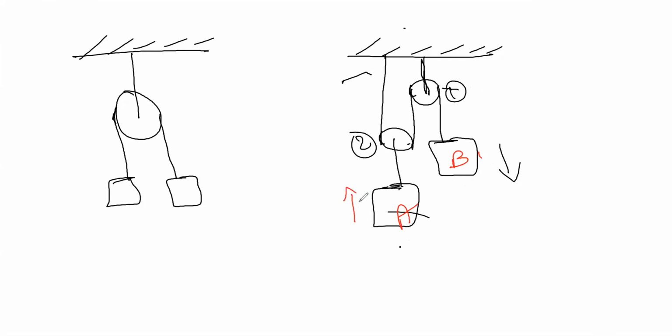That one thing is obvious, correct? But along with that, the pulley also moves upwards because the pulley is not fixed over here. Here the pulley is fixed, so there is no movement of the pulley. Here the pulley is not fixed. When the body B moves downwards, the pulley moves upwards, and this body A also moves upwards.